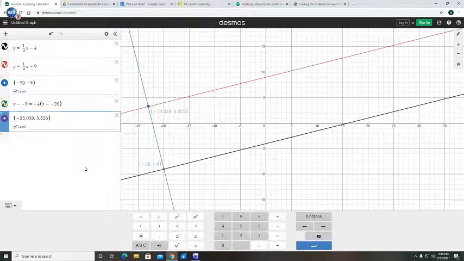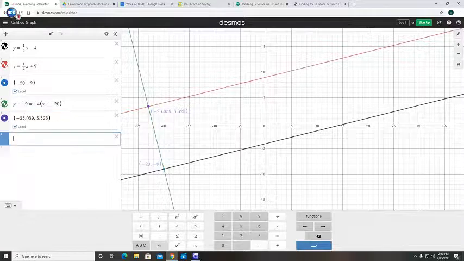There we go. Okay. Now I just have to do the distance formula. And the distance formula will tell me how far it is from here to here. In other words, how far it is from the black line to the red line.